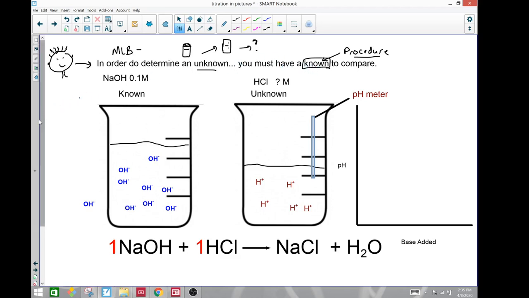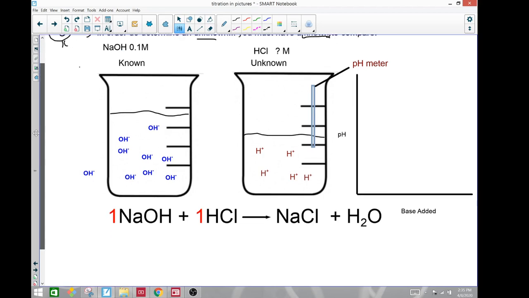All right, so in our particular known unknown, let's just say our unknown is HCl of unknown concentration, and we have NaOH of known concentration. Now I'm showing the particles here. We don't see those. All we know is we see a liquid and we see a liquid. The known concentration tells us about that concentration.